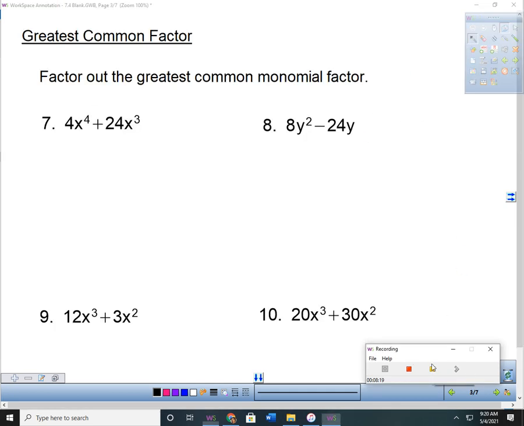All right, so let's talk about greatest common factor. A greatest common factor is the biggest number that will go into each term that you have. For the most part, if I look at 4 and 24, I should know that the biggest number that goes into 4 and 24 evenly is 4, okay?